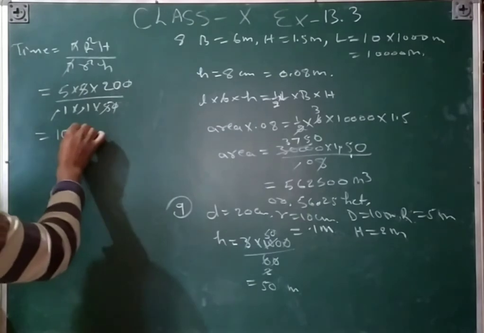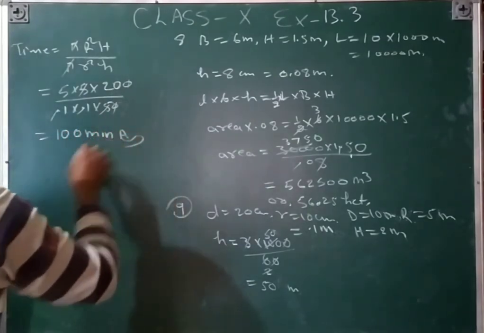So 5 2s are 10, 100 minutes is the answer. Okay.